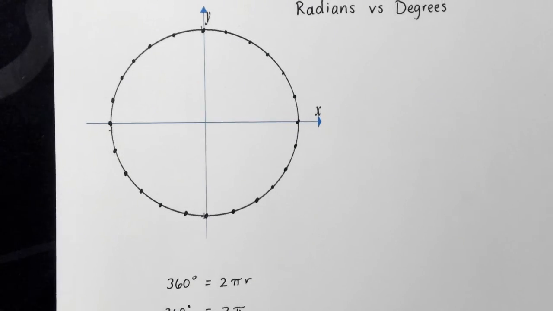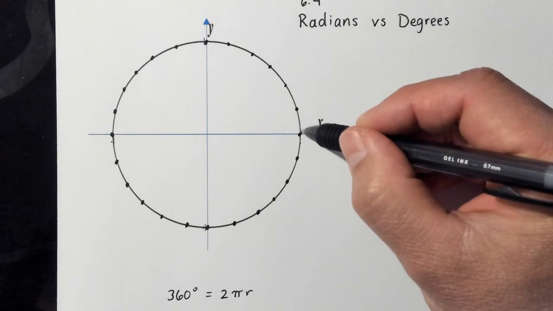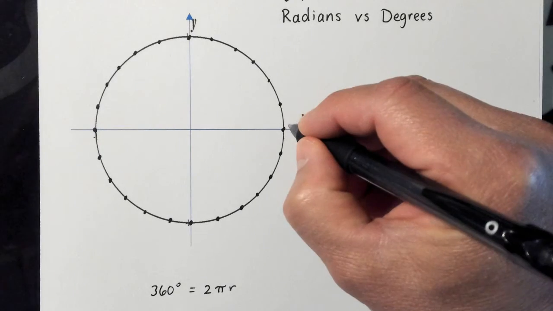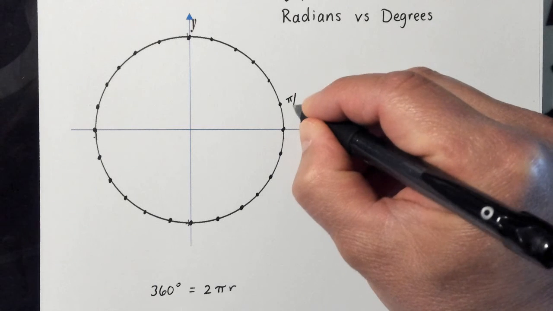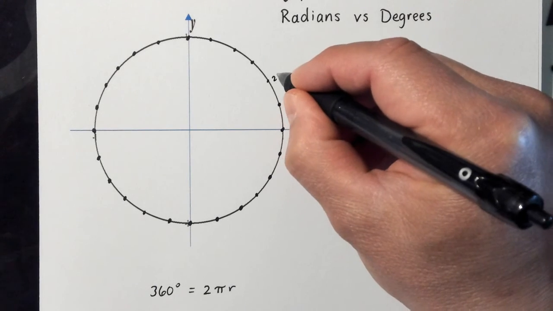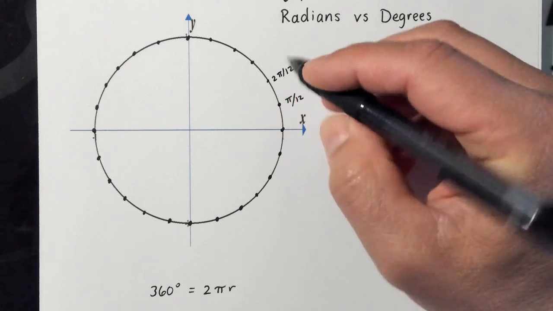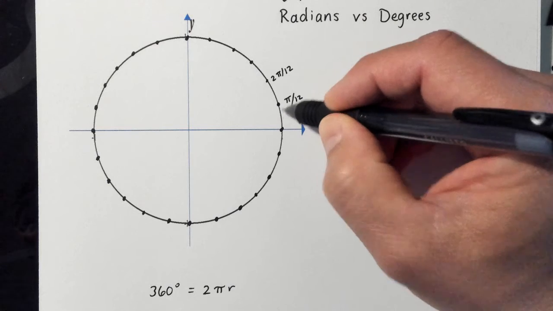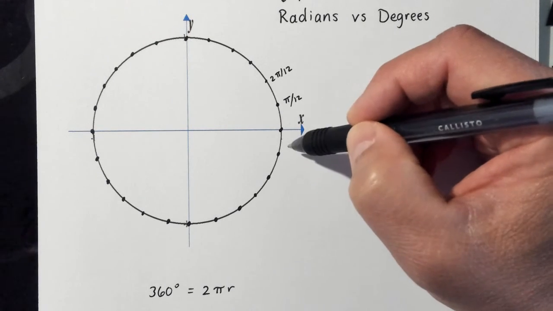Okay, so each 15-degree increment is equal to a 12th. So this is 1/12. This is 2/12. By the way, I'm really talking about how long this piece of the circumference is. So that's 1/12 pi.